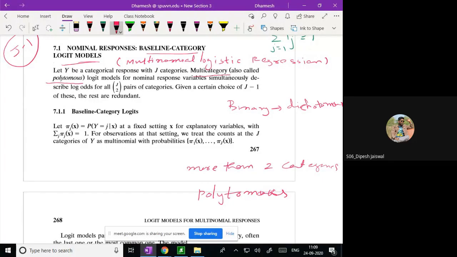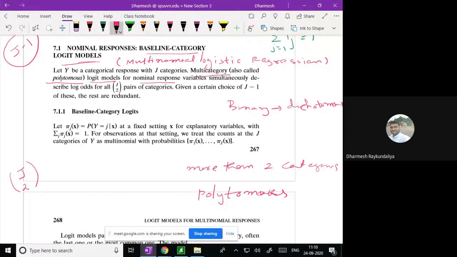Okay. So the baseline category model is also known as the multi-category logit model for a nominal response. How many possible pairs can you make of odds? There are J categories, so JC2 in all.